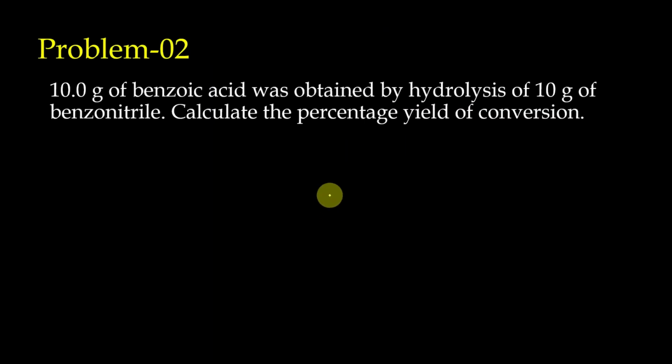Now let's move to the next problem. Here 10 gram of benzoic acid was obtained by hydrolysis of 10 gram of benzonitrile. Calculate the percentage yield of this conversion. You can first write the reaction.